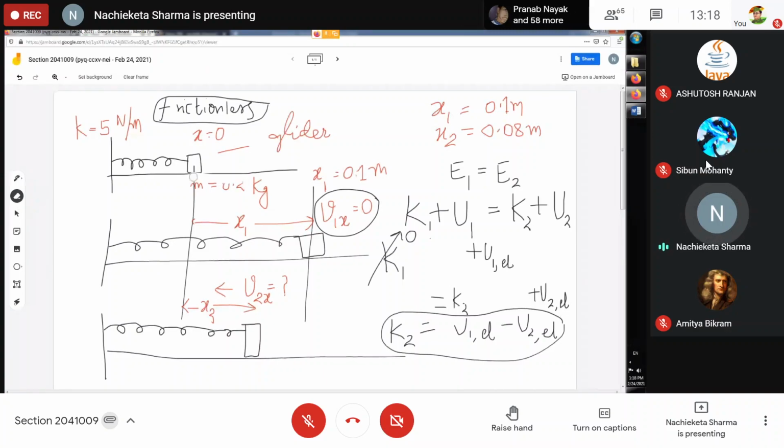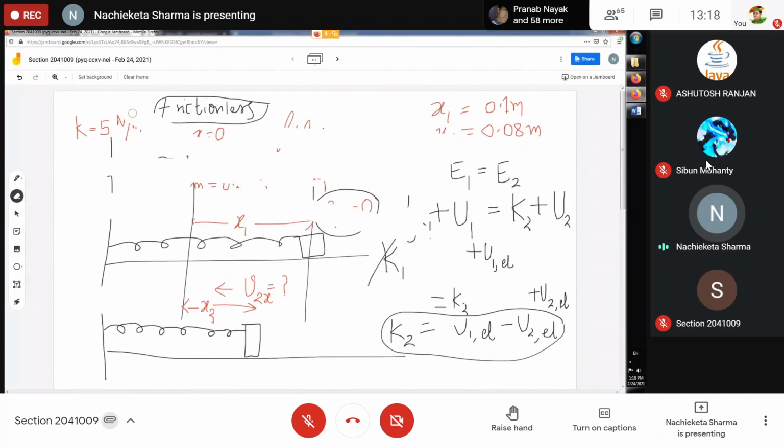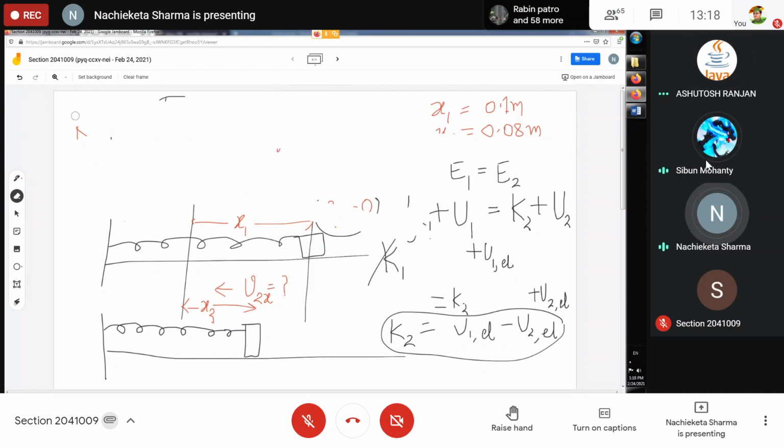So how I am going to do this? What should I write in place of k2? In place of k2, half mv2x square, and here m is known and v2x square is an unknown quantity which actually I have to find out.